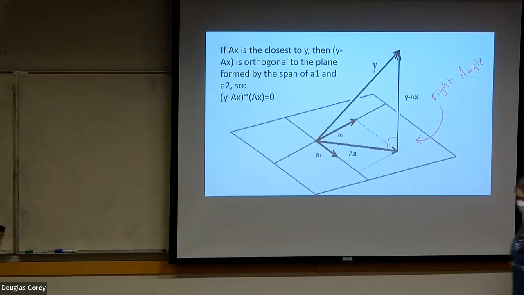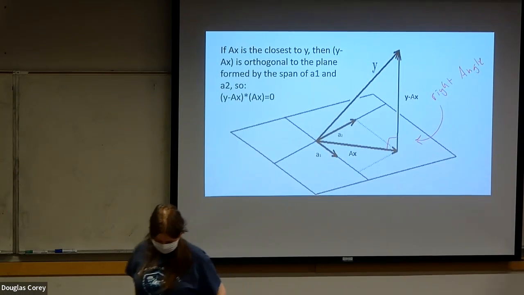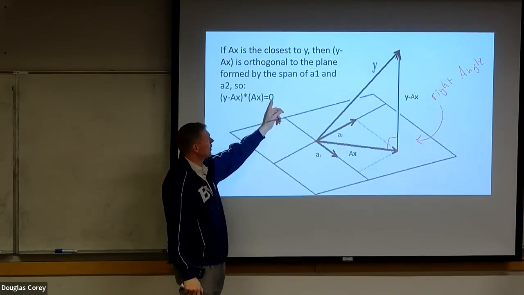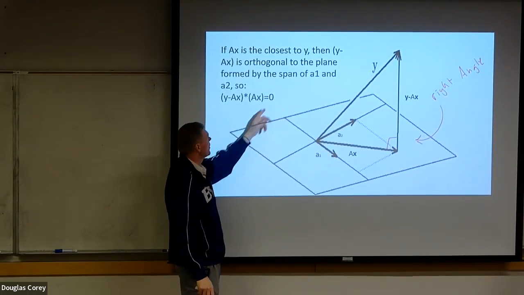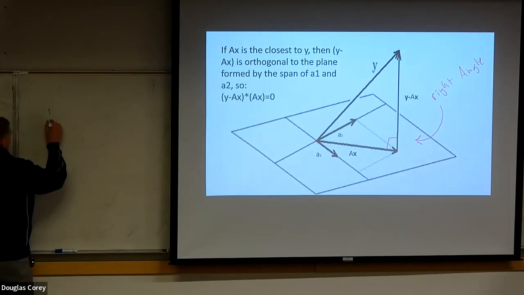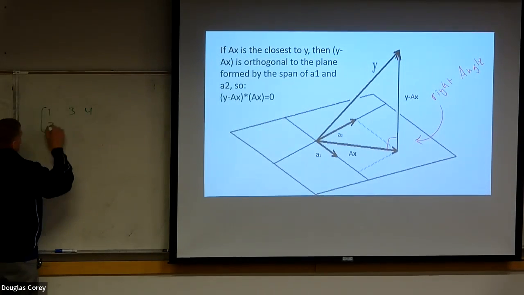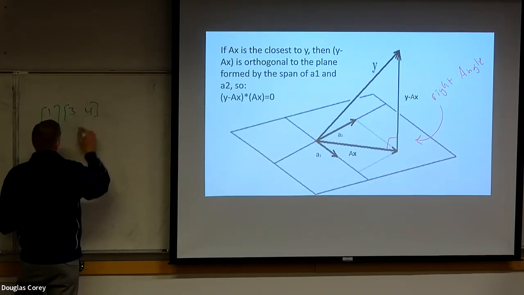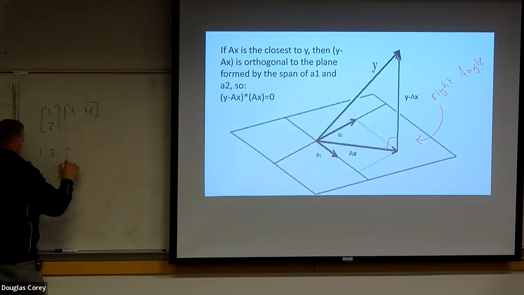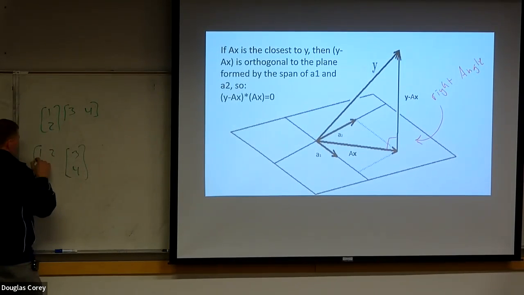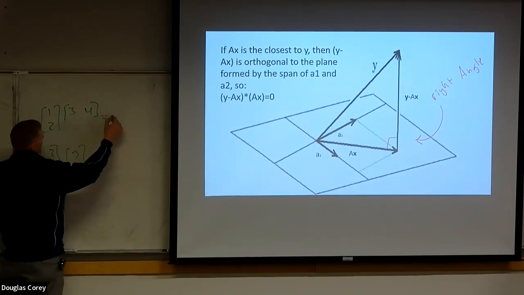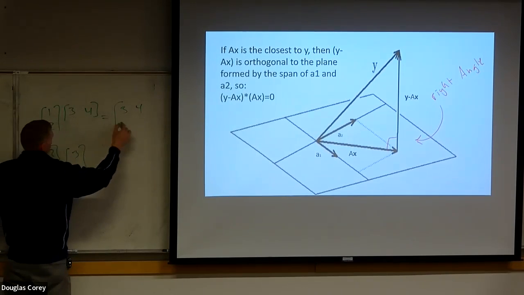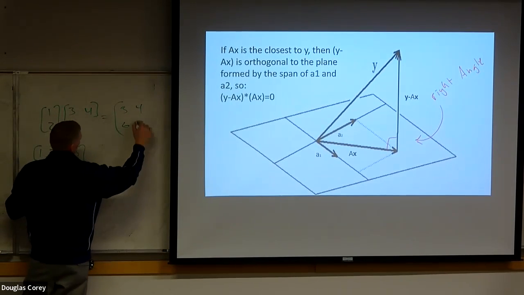It does matter which one you transpose, because this is not the 0 matrix, this is just the number 0. So if I'm not careful, I don't want this. I want this, because this one gets me 1 times 3, 1 times 4, 2 times 3, 2 times 4.